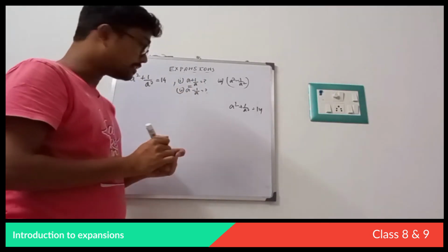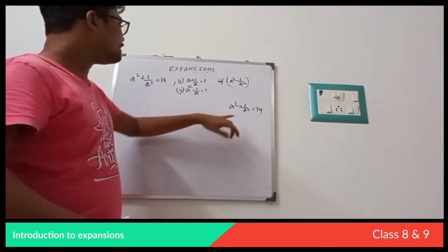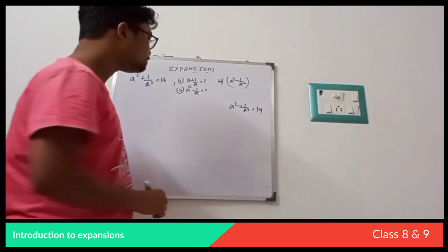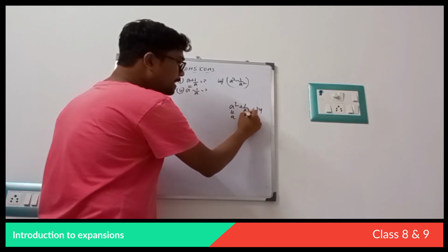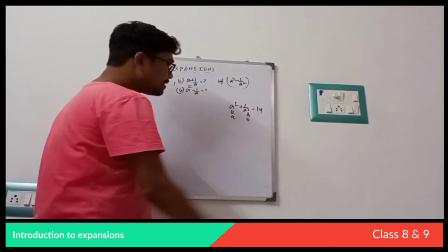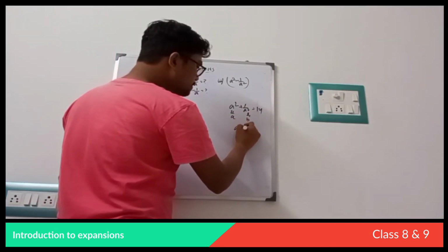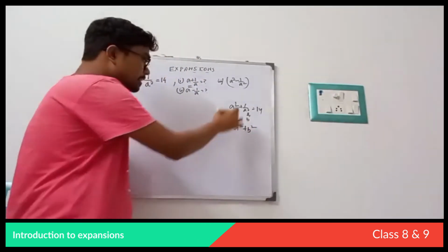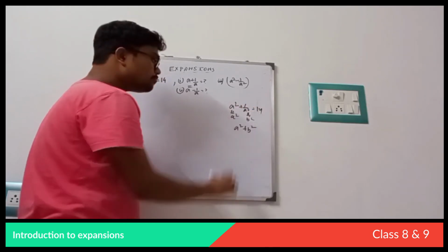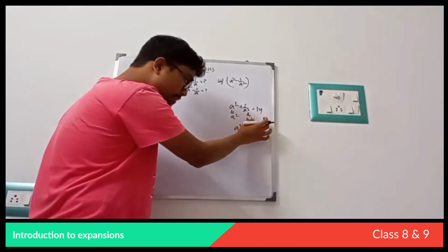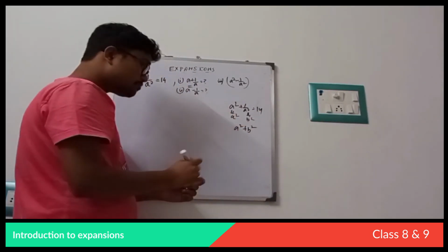First, think that in this case a square become a and 1 by a become b, so what I can write a square plus b square. In terms of that, a square become a square and b square become 1 by a square. So we can write a square plus 1 by a square equal to a plus b whole square plus b square.